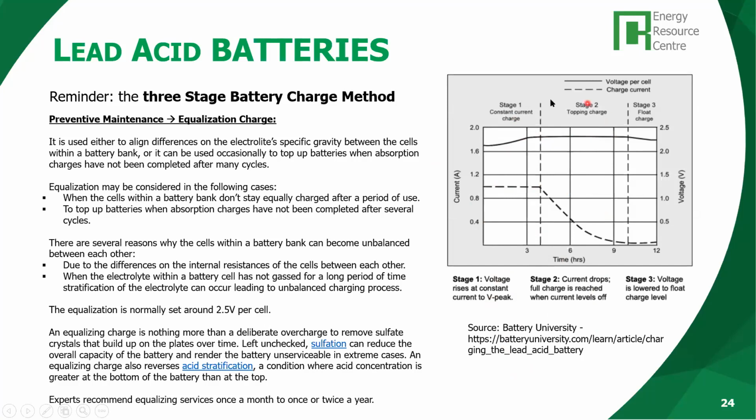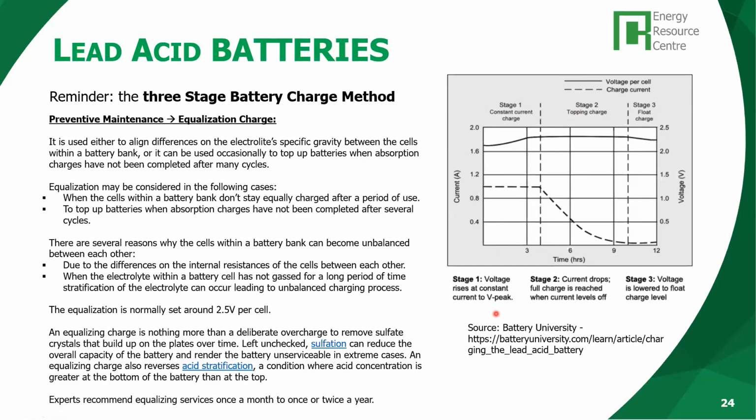This is the battery being charged by the PV panels. And then we have the float charge, where we keep the voltage of the batteries within a certain range of values. So these are the 3 stages that are generated by the PV panels and controlled by the charge controller.